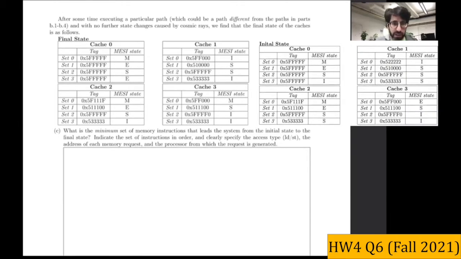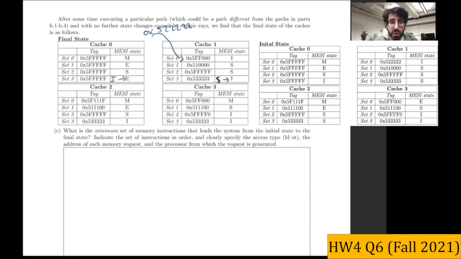Let's check the differences. In cache 0, in set 3, previously we had an invalid state, now we have a valid state for the same cache line. For cache 1, in set 0, previously we had another tag, and in set 3, previously we had a shared state.